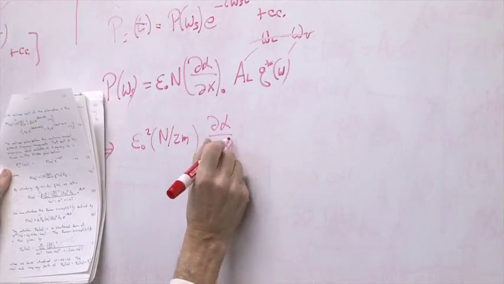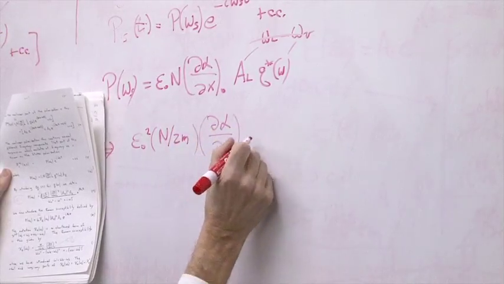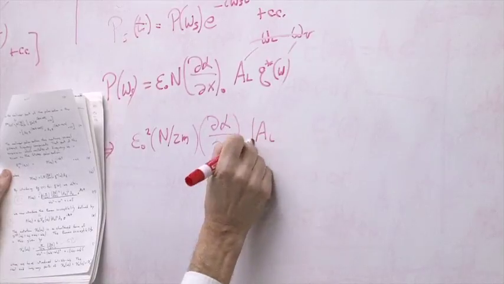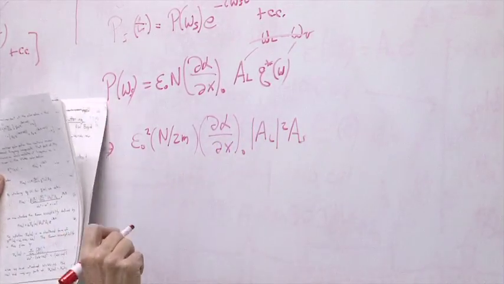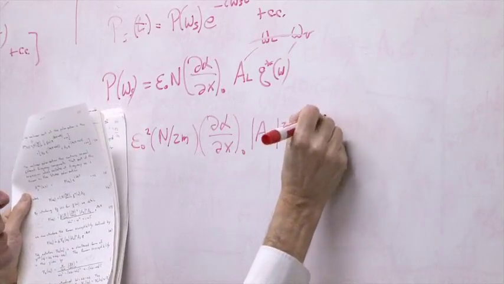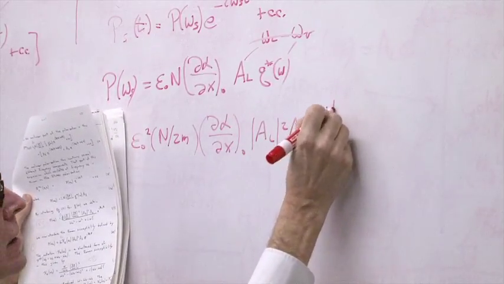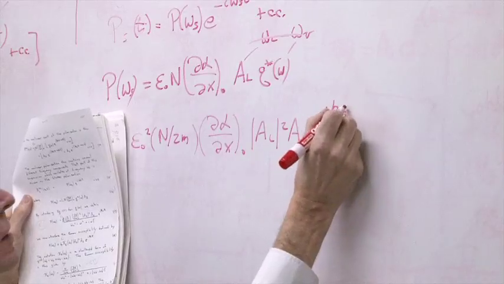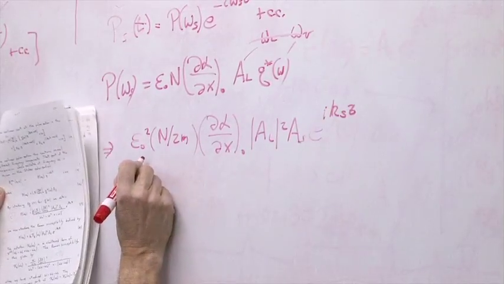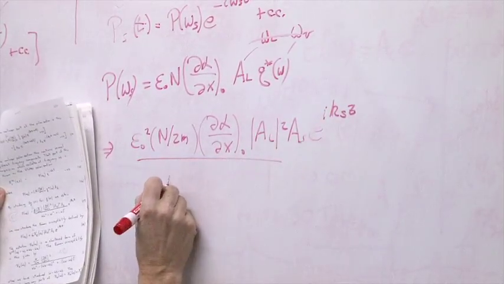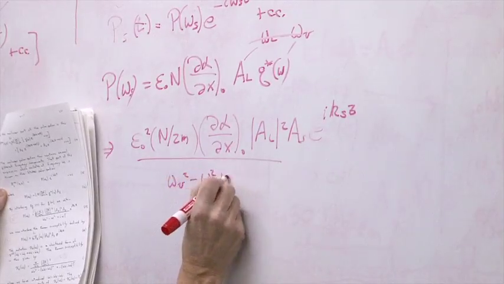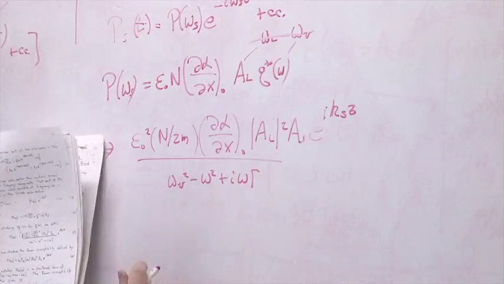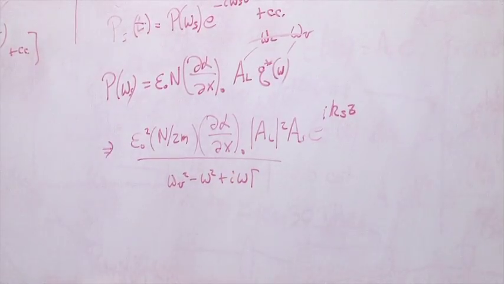Partial alpha with respect to x 0. Last time I taught this, I put a note to myself that I should go back and take a look at this. e to the i k Stokes z over omega v squared minus omega squared plus i omega gamma.